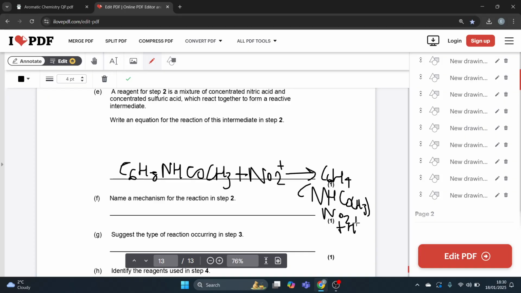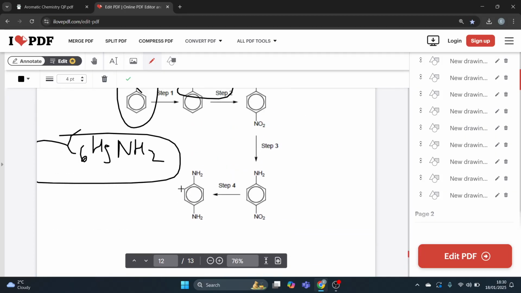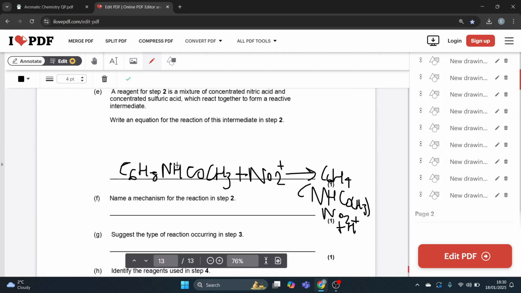You can also do it in this kind of format, but you can do it either way. That's why they give us quite a bit of space.